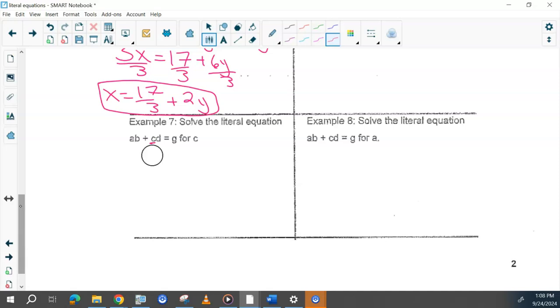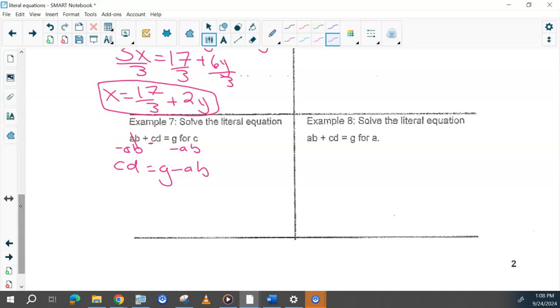Well, if we're trying to get c by itself, I don't know if that would be our best move. We could do that, but then we'd have to do other things with it. We could subtract ab, get rid of this term because it has nothing to do with the c d. g and ab are not like terms, so we can't combine them. Just rewrite them.